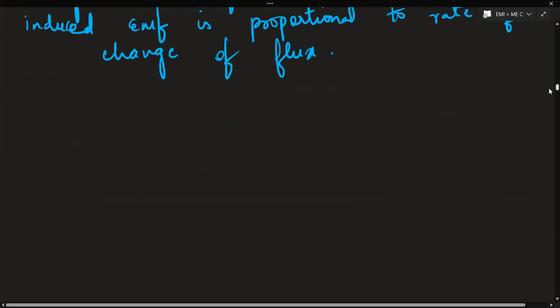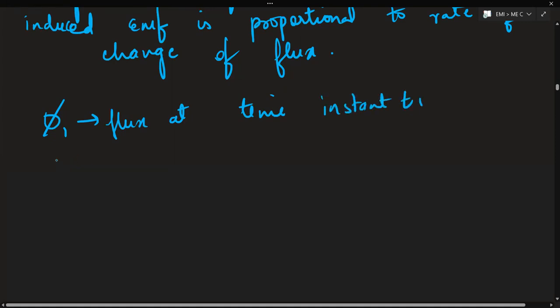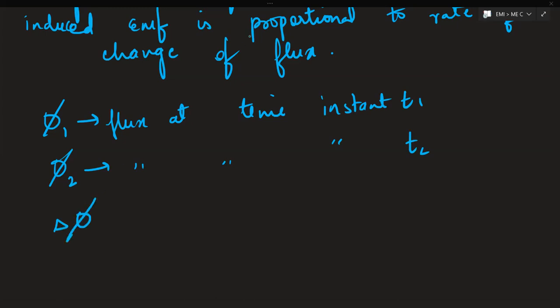Let me write it here. Let's say phi 1 is the flux at time instant t1, and phi 2 is the flux at time instant t2. So delta phi will be what?